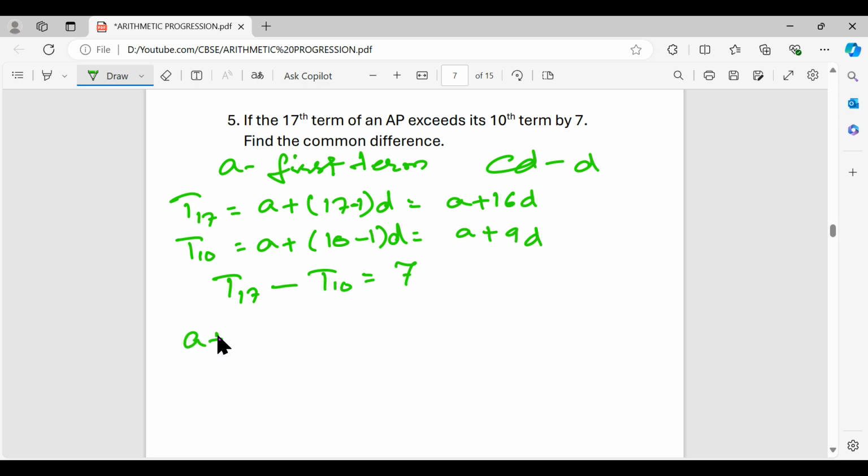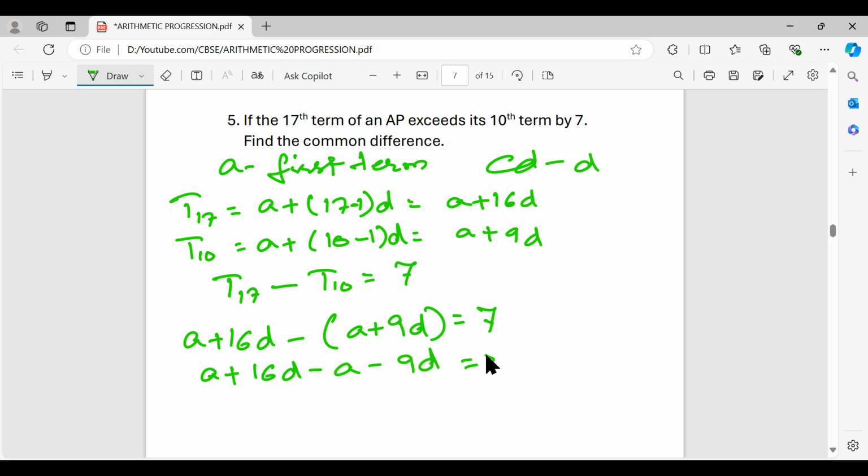So T17 is a plus 16d minus of a plus 9d equals 7. We can write a plus 16d minus a minus 9d equals 7. Then a minus a cancels, and 16d minus 9d gives 7d, and here you have 7, so d is equal to 7 over 7, that is 1.